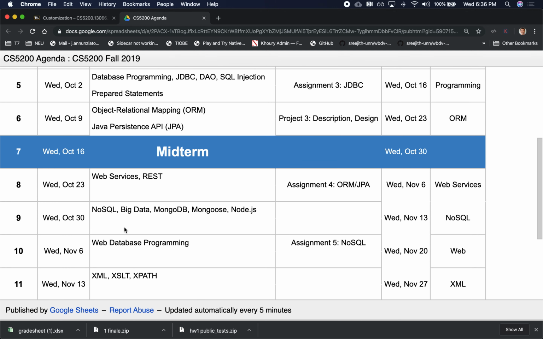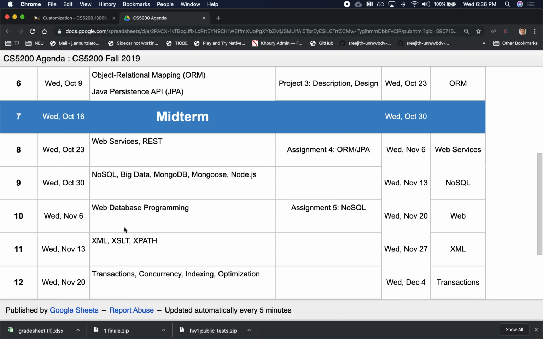Let's see. We'll talk about other ways of storing data. We'll talk about XML in particular, where we have a hierarchical way of representing data and transforming data.